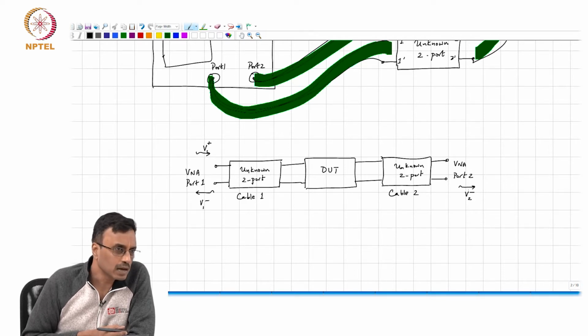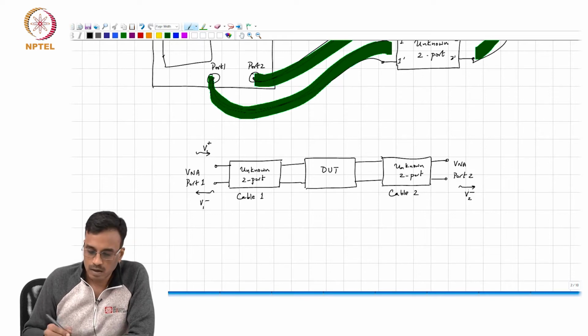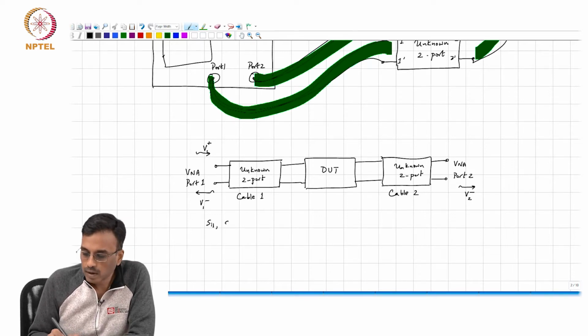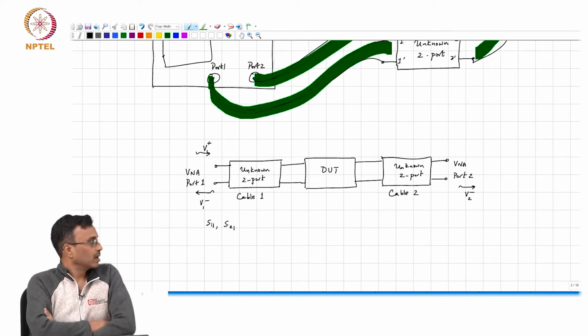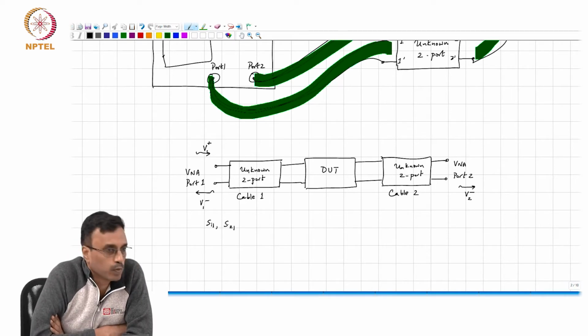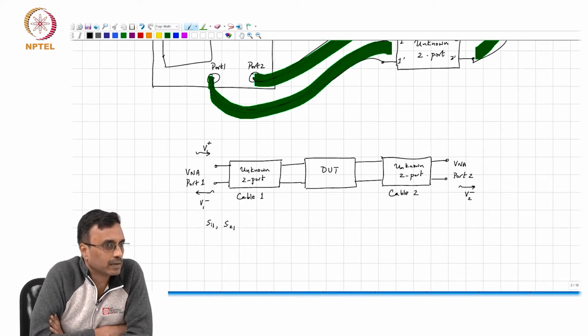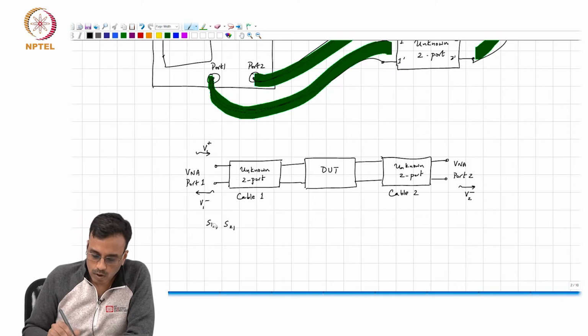You will be able to obtain S11 and S21, right? And likewise, when you excite the source at port 2, you will get the other two parameters, right?